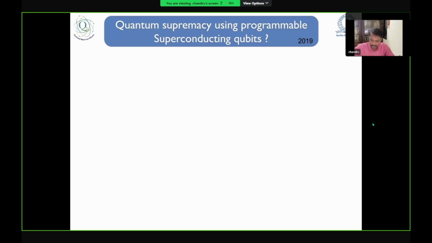With this example, I will now go to the state of the art, meaning a result in the last few years which has been considered very promising and shows the potential of quantum computers.